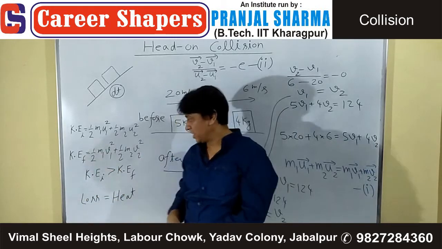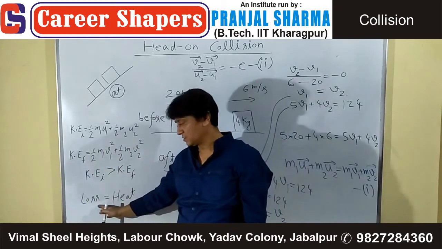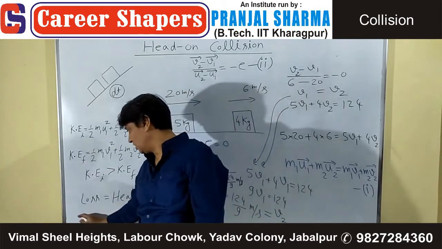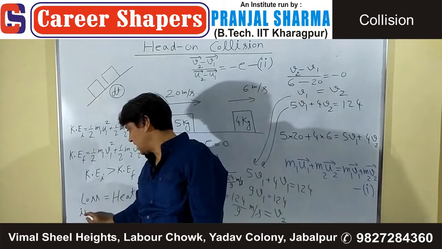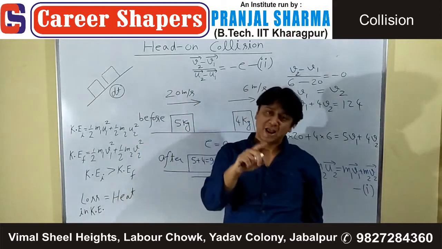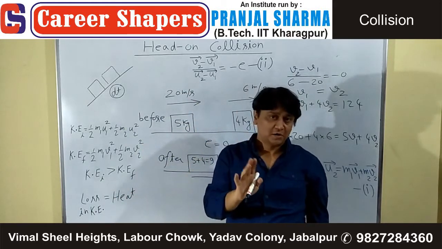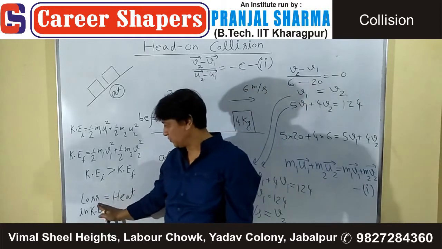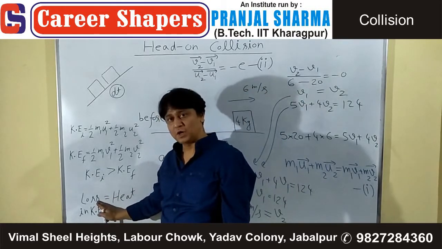That means whatever loss is happening, that loss is basically loss in kinetic energy only. You can call it loss in mechanical energy, but there is hardly any change in potential energy, and therefore the loss is in the form of what?